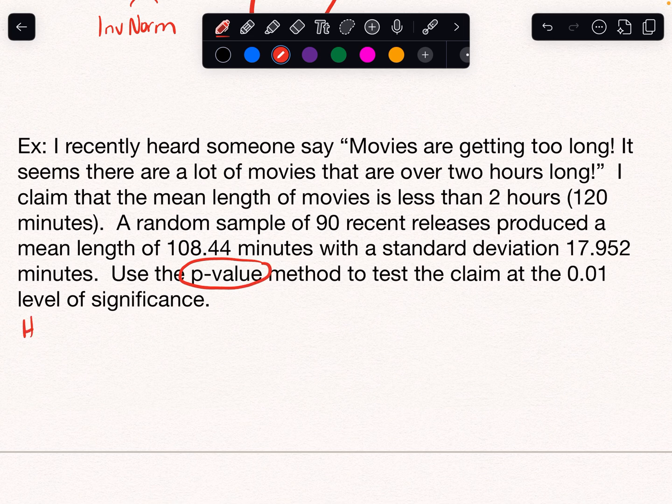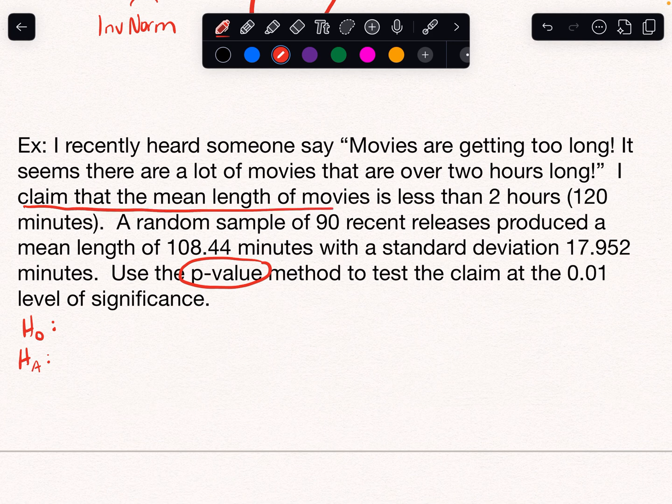I want my null hypothesis and my alternative hypothesis. And we have to figure that out based on the claim. So it says, I claim that the mean length of movies is less than 2 hours. So that means the null hypothesis is always equal to, we are using mean today. So we're using our symbol for mean, equal to 2 hours.